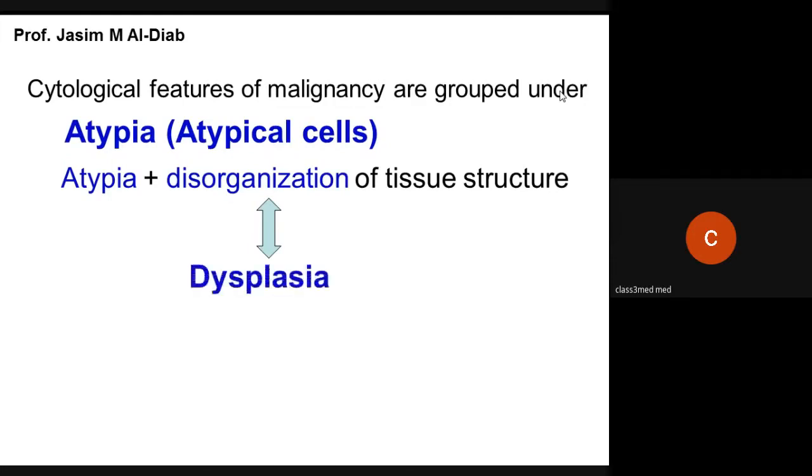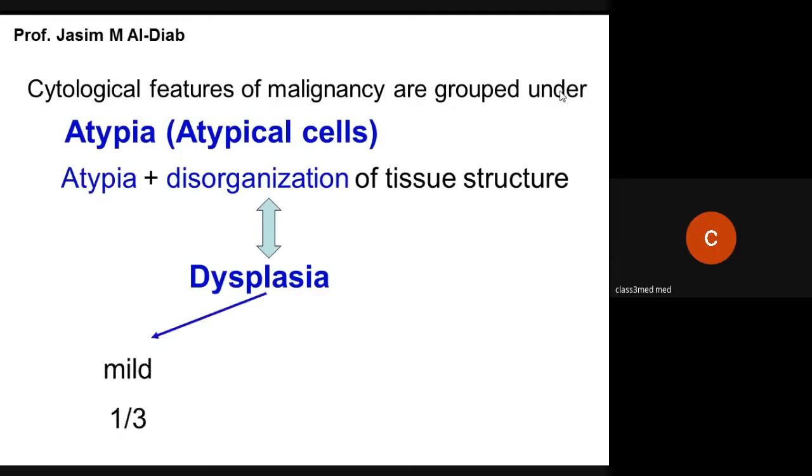So dysplasia is simply defined as cellular atypia with disorganization of the tissue, okay? And cellular atypia means any cell that has the 5 cytological features of malignancy.